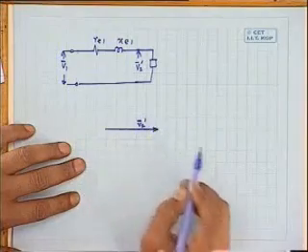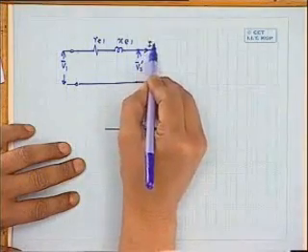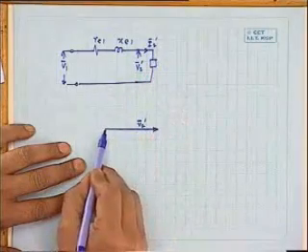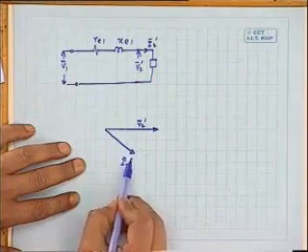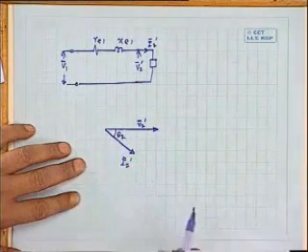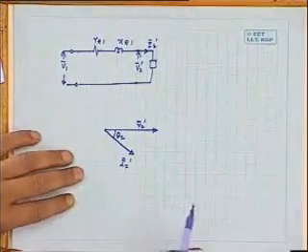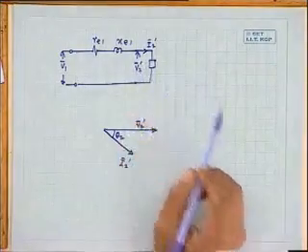Now if you draw the phasor diagram, how will it look? Suppose this is your V2 dashed, take this as reference. This current is I2 dashed. Suppose it is a lagging power factor load, and this is the power factor angle theta 2.